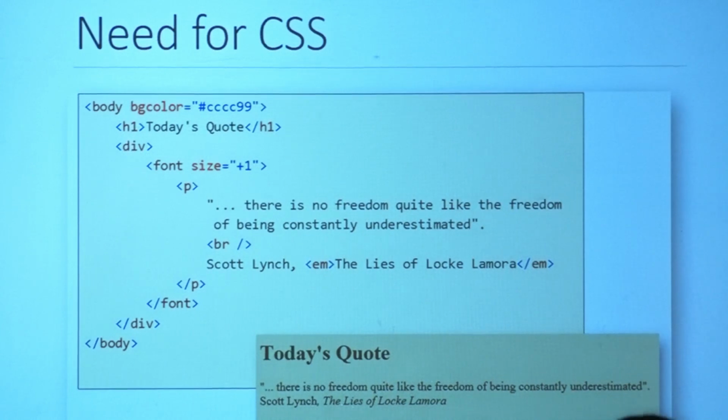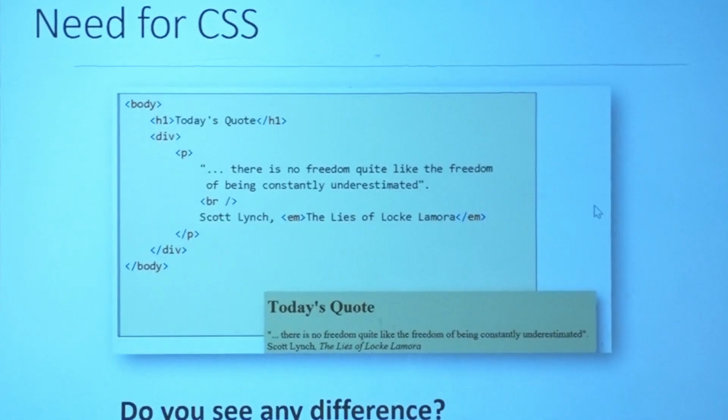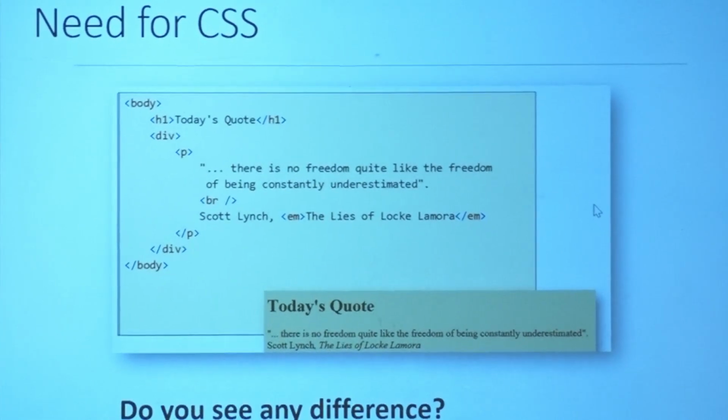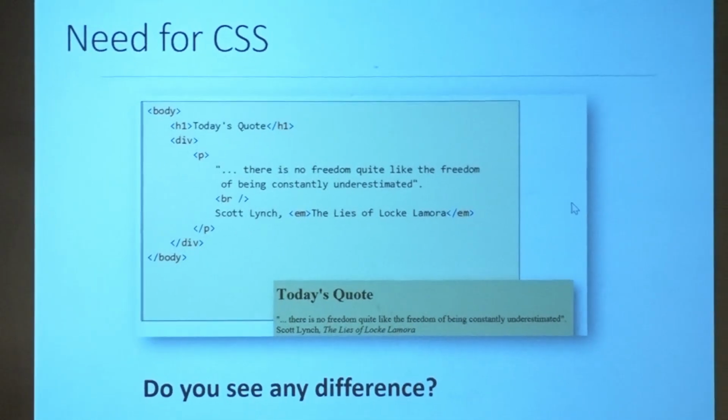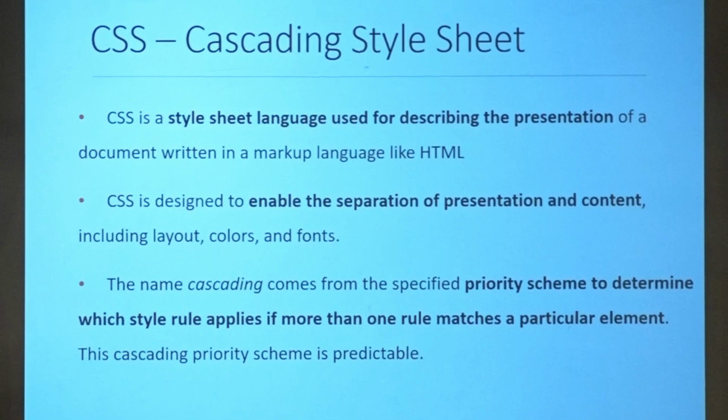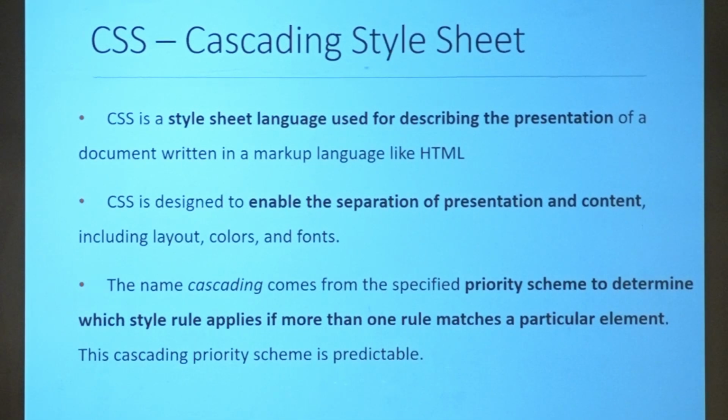So you would want that person to have complete access to the CSS file without having to worry about the structure, right? So that is where you want to separate out. See this one? It's not along with the HTML, but there is a difference. You see the difference? So that is the reason for that.